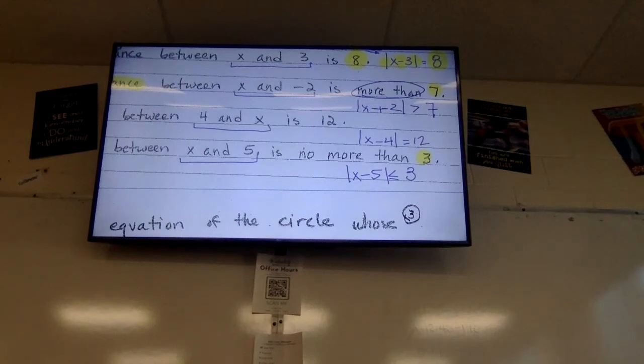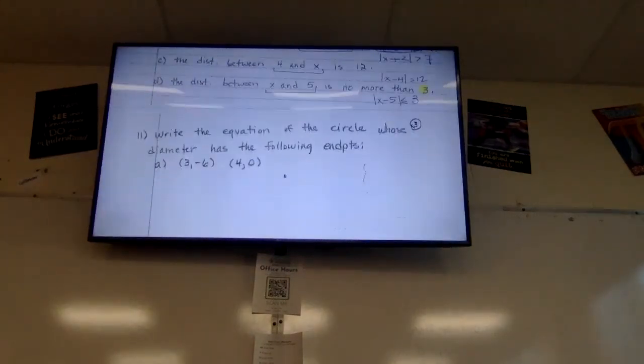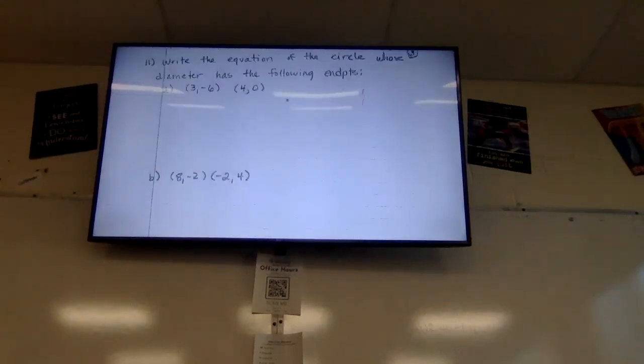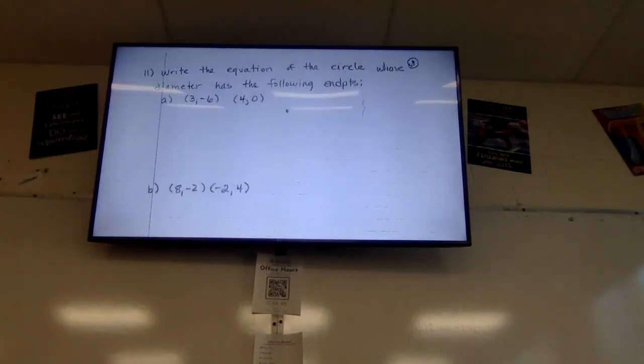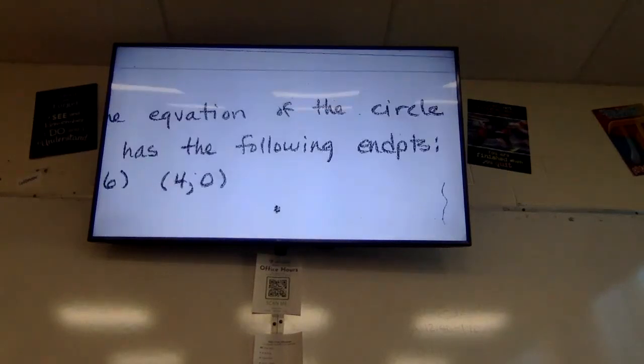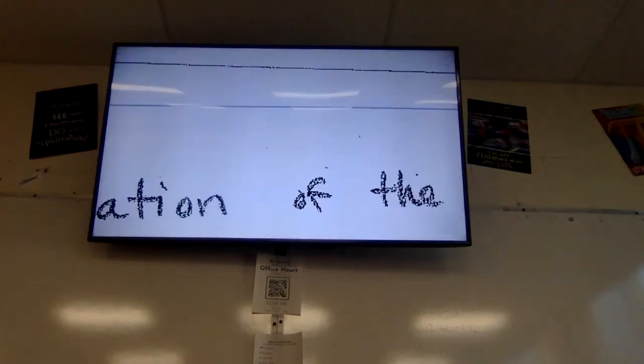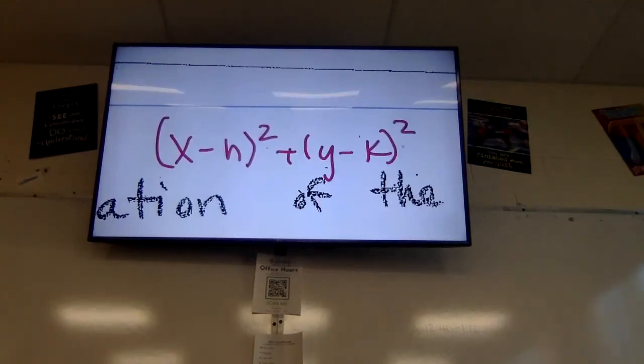Flip your paper over. And end with some circle stuff. Okay. This one says, write the equation of a circle whose diameter has the following endpoints, okay? So we are going to write the equation of the circle. I'm going to remind myself what the equation of the circle is because it's no longer on my paper. Remember, it's (x minus h) squared plus (y minus k) squared equals r squared.